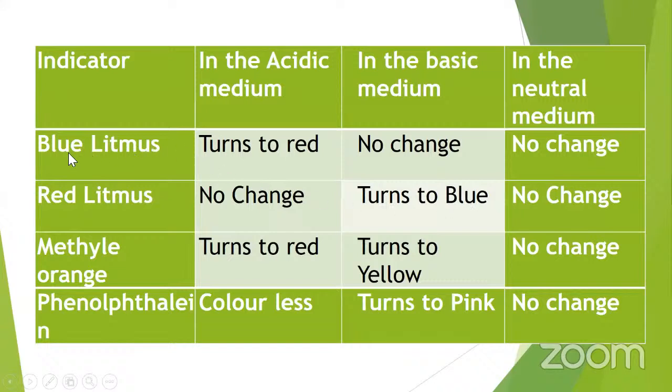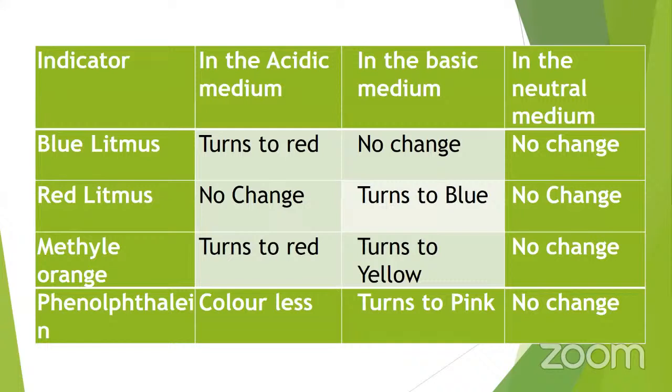So it is a tabular way. It is given blue litmus in acidic medium turns into red. If you take acid, it turns into red, and in base it turns into blue color only. It doesn't change, to say in another way. Because litmus is blue in base, easily you can remember blue base, BB. Litmus is blue in base.